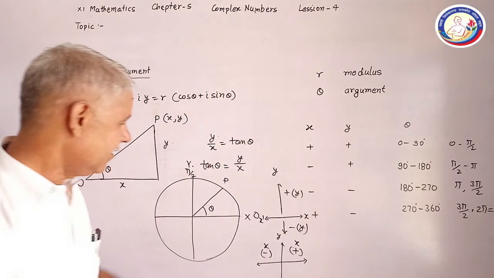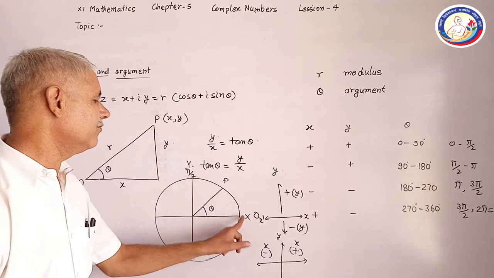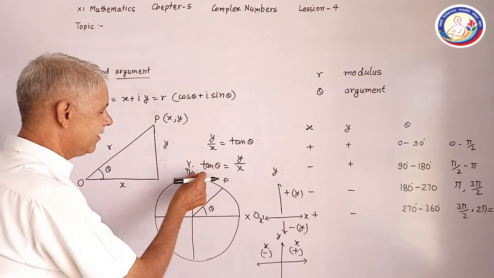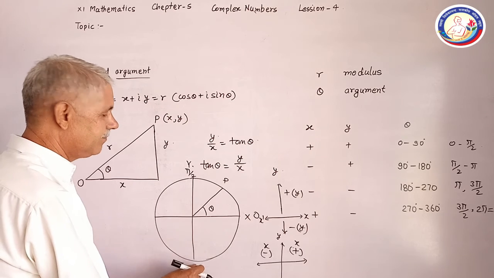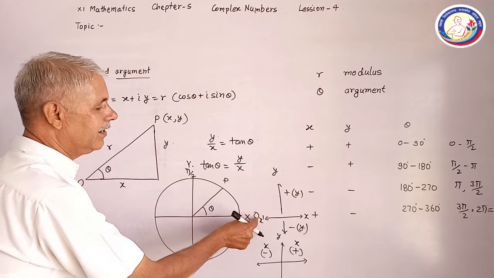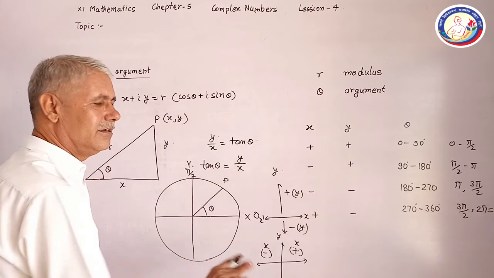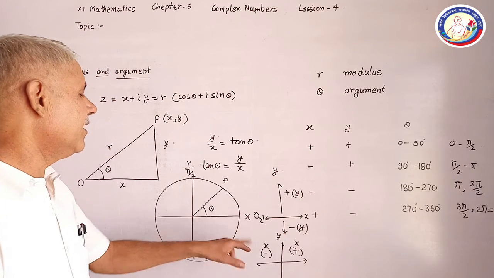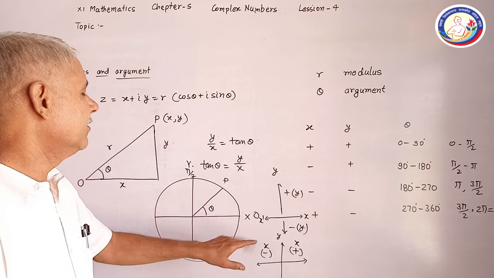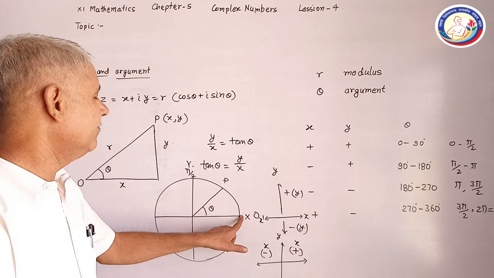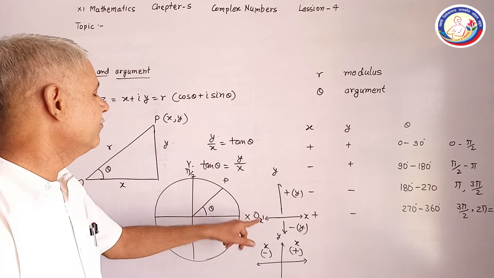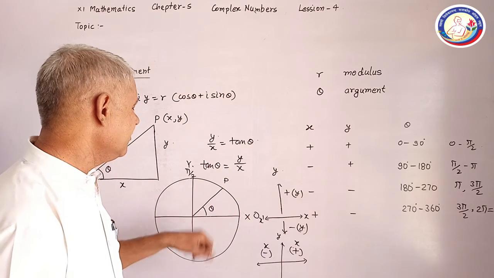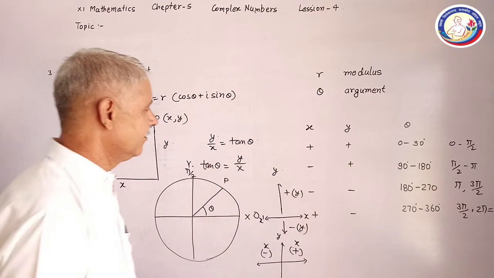So after a revolution of 360 degree or 2 pi, we are again here. Just say 0, pi by 2, pi, 3 pi by 2 and 2 pi, again 0. This circle will repeat always, or after an interval of 2 pi, the position is again the same.